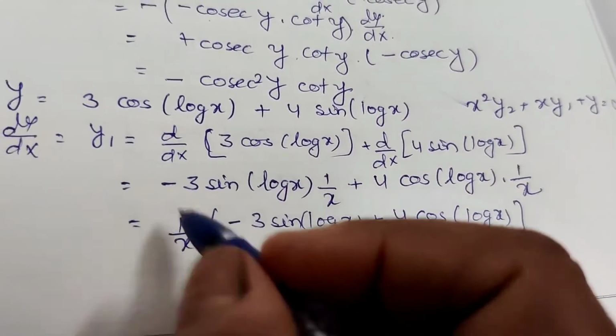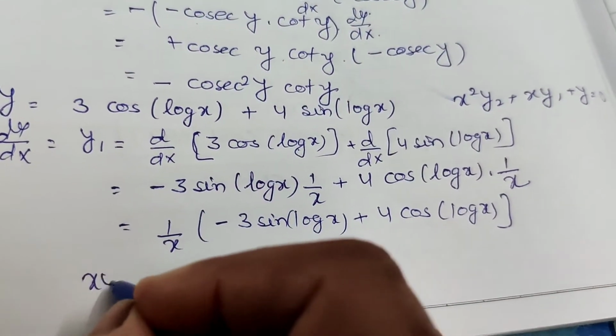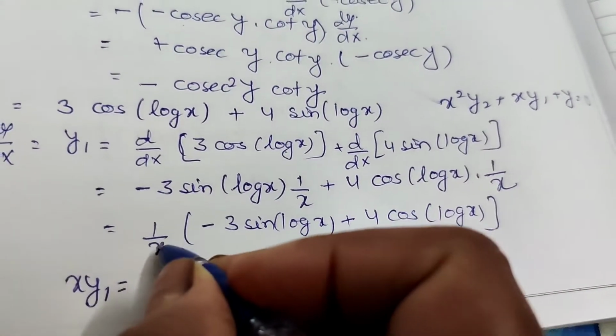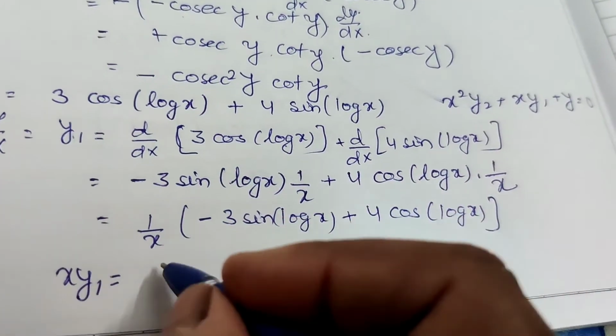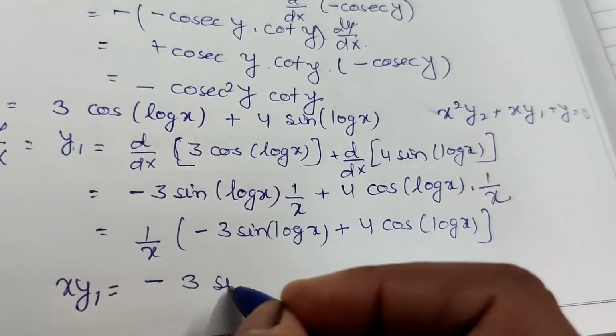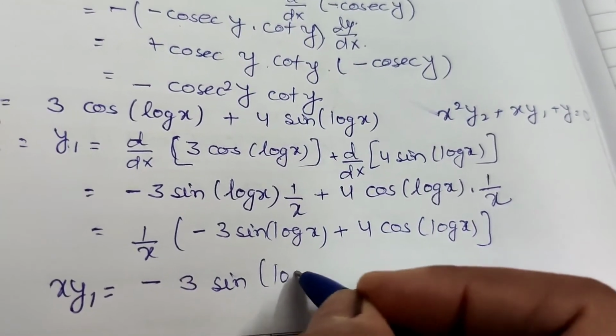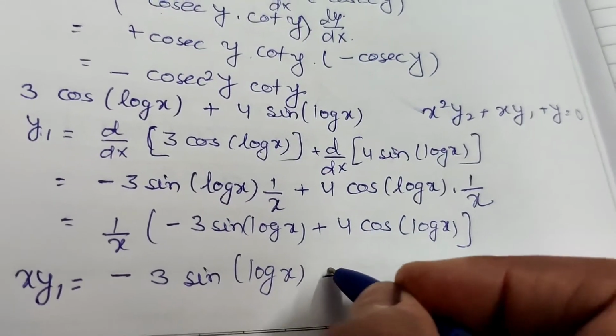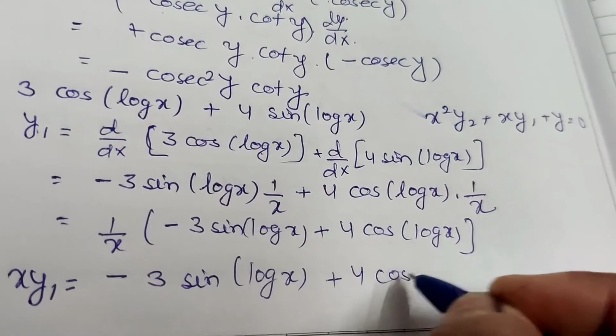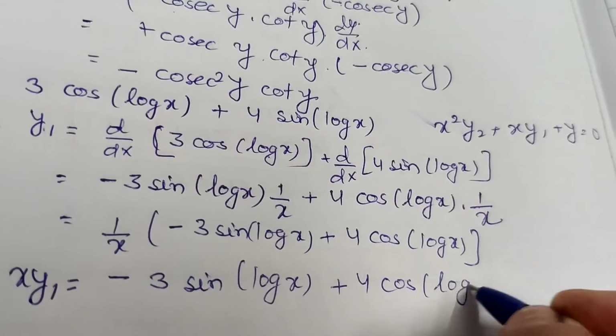Now cross multiply: x into y1 equals minus 3 sin log x plus 4 cos log x.